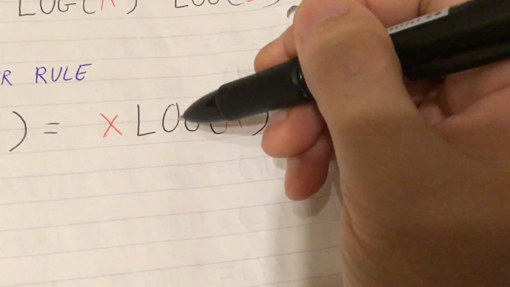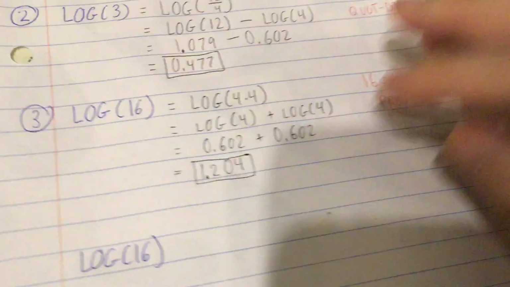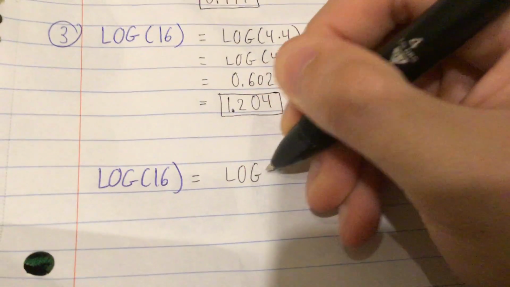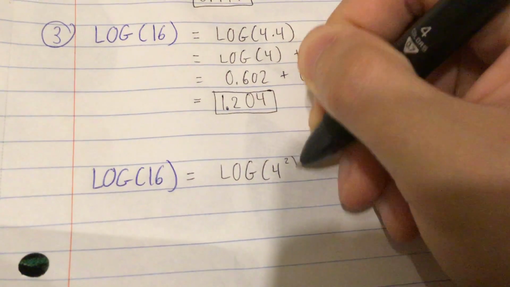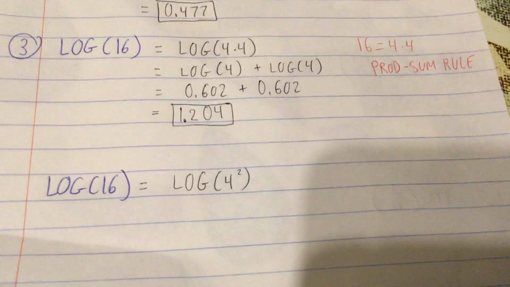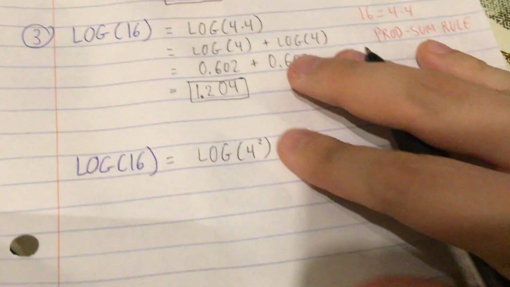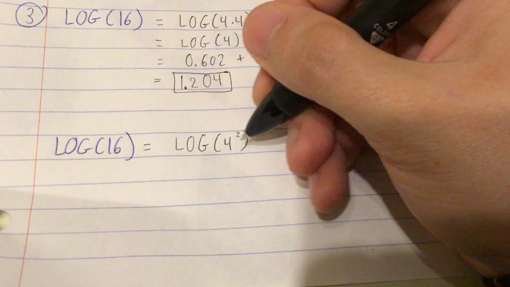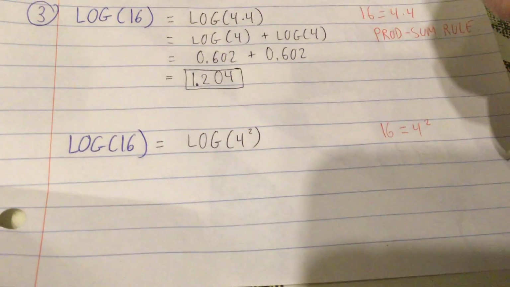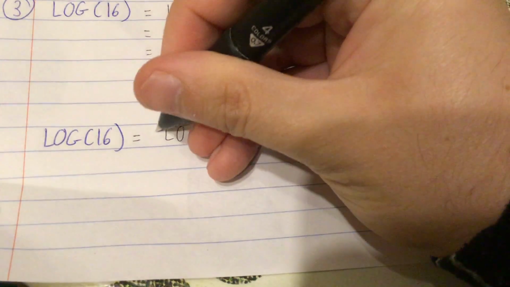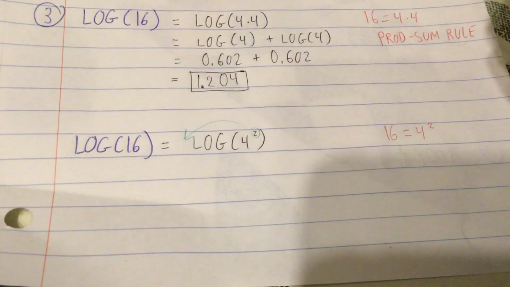So I rewrite this problem as log of 4 squared, and the reason why I can do that is because 16 is equal to 4 squared. Because there's an exponent on the inside, I'm going to factor that out to the front. I'm going to put that in green just to show it lightly.